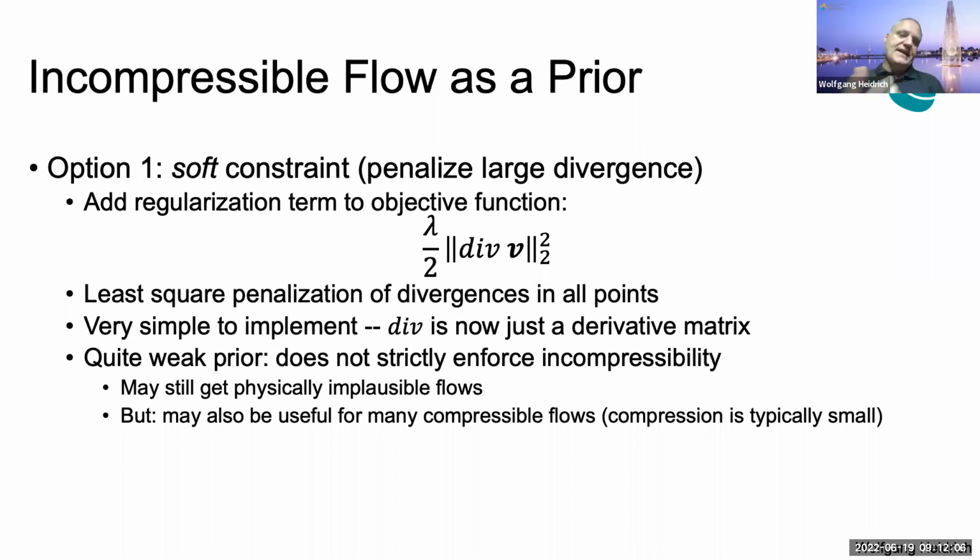And in many cases, this holds even for compressible fluids, because it's not a hard constraint. Even compressible fluids will tend to have a lot of regions which are actually not compressing. So that's why it works even in a very, very general setting.